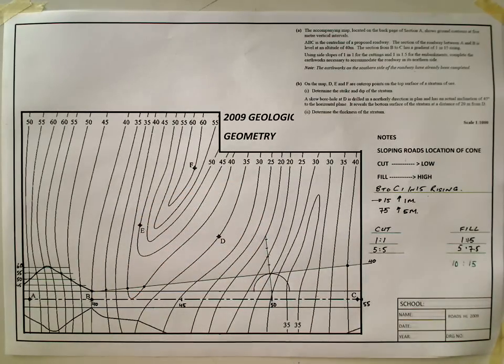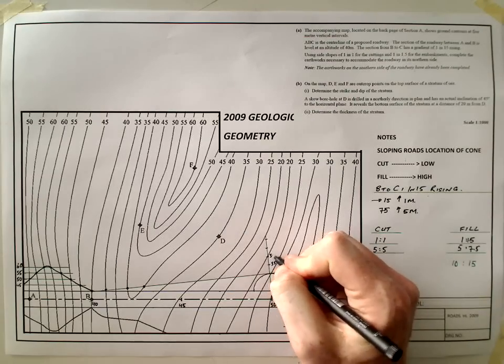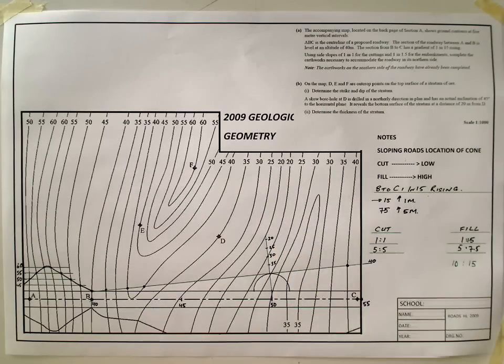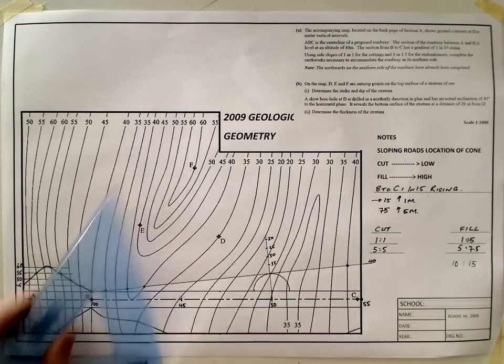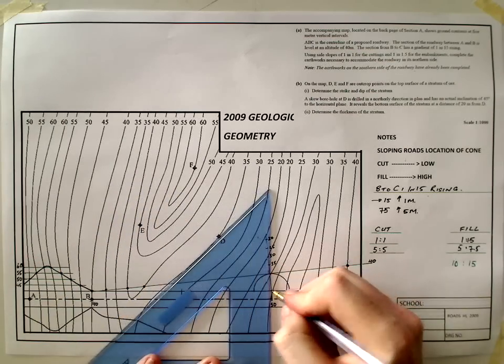So I have 35, 30, 25 and 20. That there is 45 and that there will be 50.